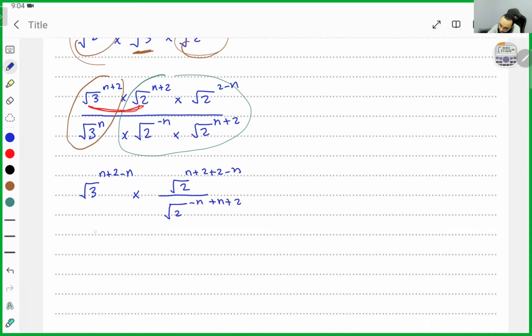Any problem? No. Here, n goes with n, it's power of 2. Actually, it's 3. And here, only 1 root 2, and take care. N with n, gone, and it's 4. Here, n with n, gone, it's 2. 4 minus 2, 2. This is 3, and this is 2. 3 times 2, 6. This is the value.